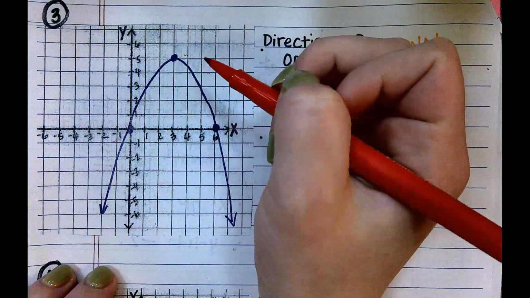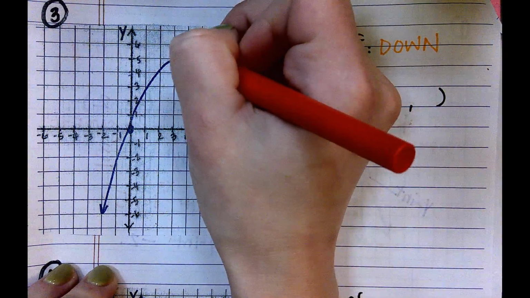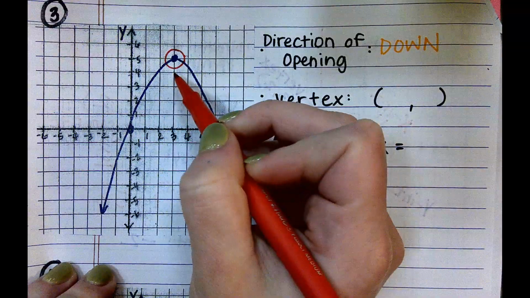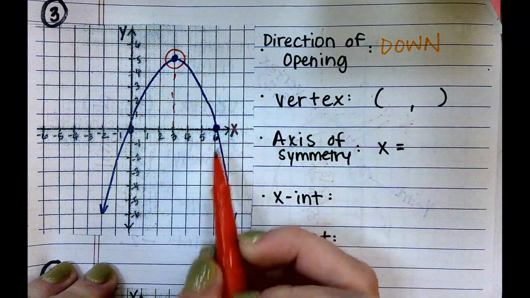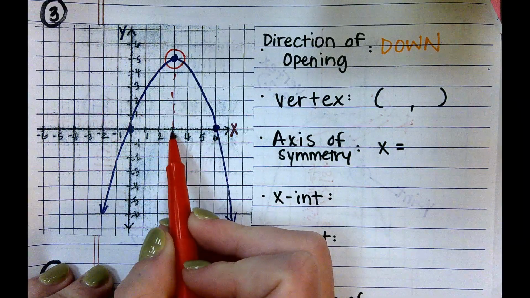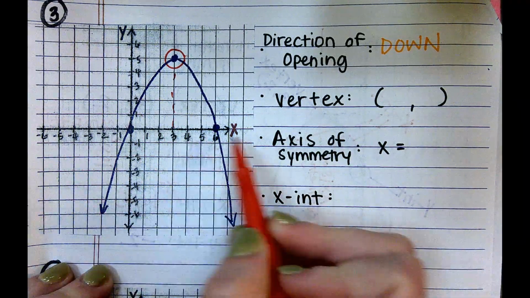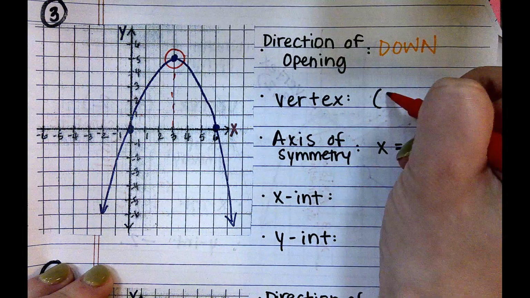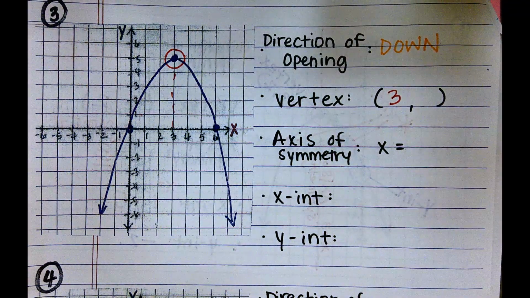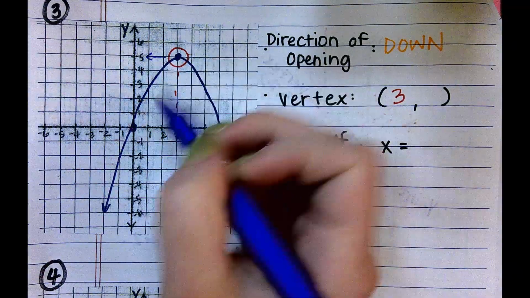Vertex. I hear a couple of different things. This is my vertex. First, where does it line up with the x-axis? 3. This is the x. 3 is my x, and my y is 5.